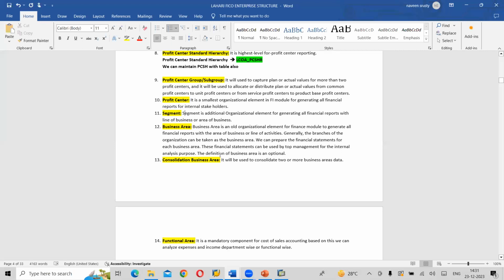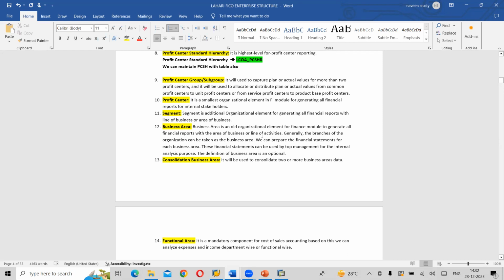So business area is an old organizational element for the finance module to generate all financial reports with area of business. I clearly mentioned here, area of business is nothing but branches, or line of activities, which is nothing but line of products.